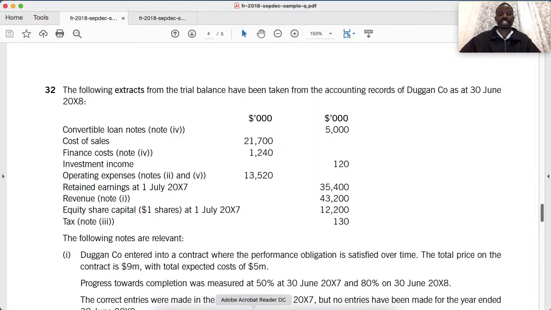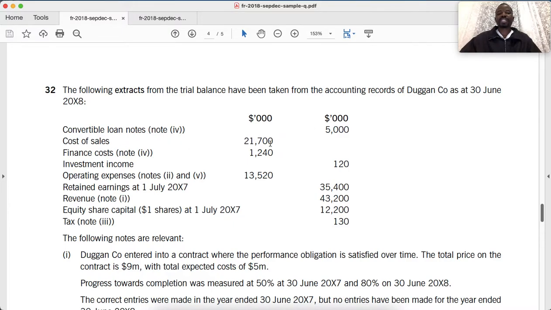Now let's go to the trial balance. Convertible loan notes. The convertible loan notes, they do not feature in the statement of profit or loss. They only feature on the statement of financial position. So we are not taking that 5,000 in thousands. Cost of sales.